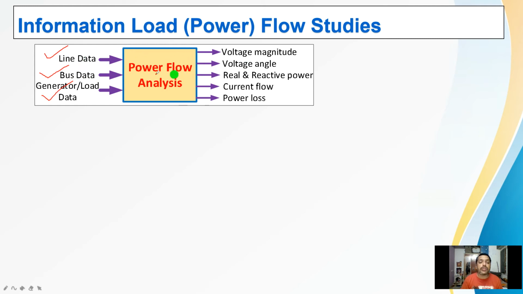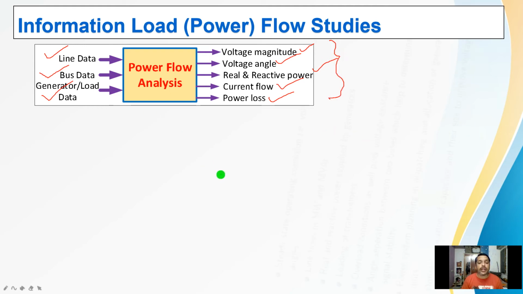And for that bus, through the power flow analysis, we determine the voltage magnitude, the power angle, the real and reactive power injected at that bus, the current flow, and the power loss between the two buses. So that information you will get from the load flow analysis.